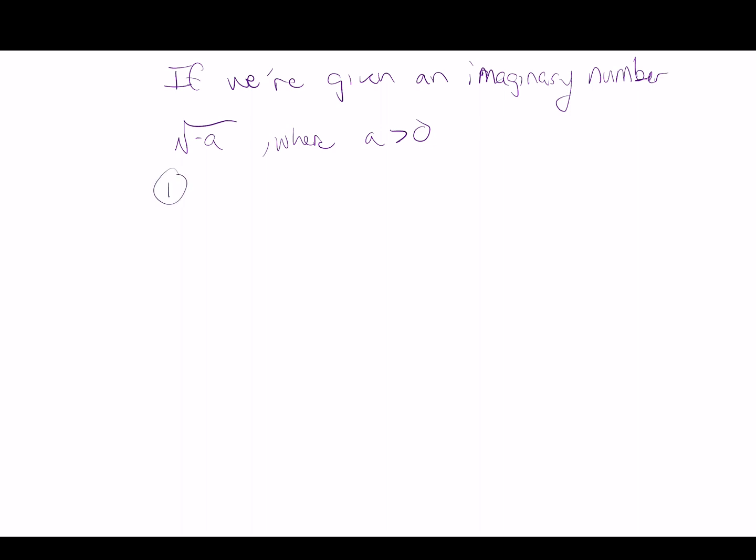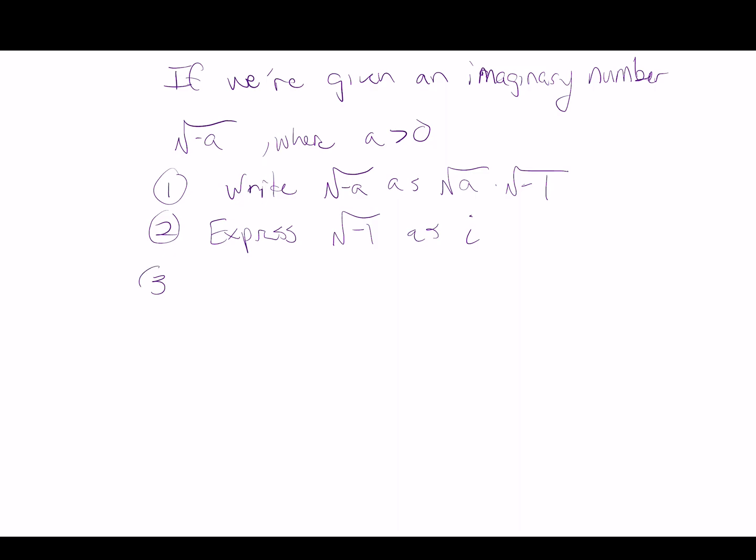Okay, the first thing we do is we rewrite the square root of negative a as the square root of a times the square root of negative 1. Okay, then we express the square root of negative 1 as i, and so finally we write the square root of a times i in simplest form.